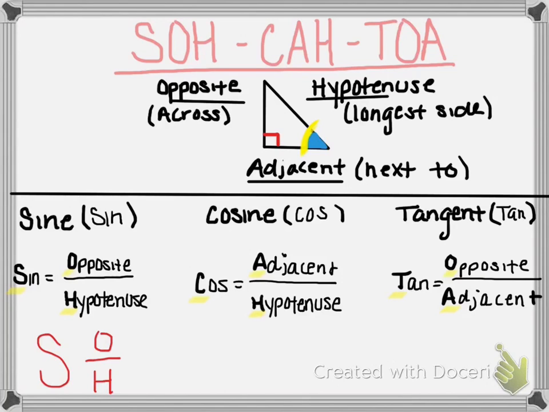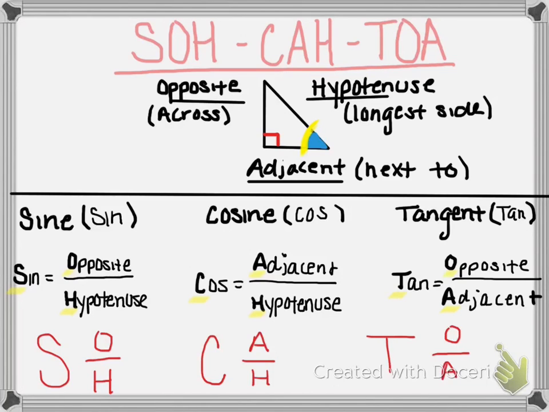Cosine is adjacent side over hypotenuse side. So to find the cosine of an angle, it's A over H. That's where the ca comes from. And then finally, tangent is opposite side over adjacent side, O over A, which is the toa, and that's where you get Soh-Cah-Toa, which you've probably heard before.